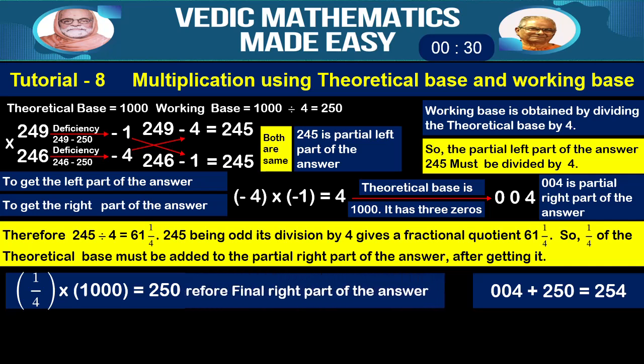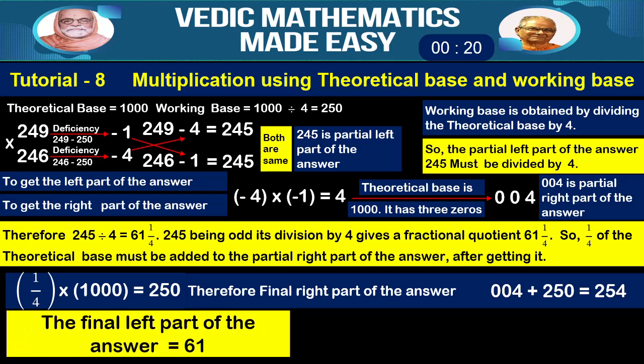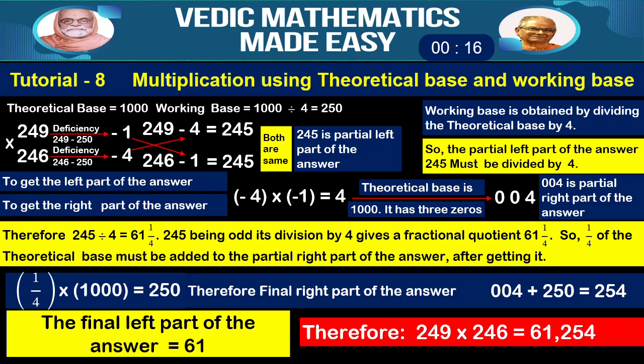This is the final right part of the answer, and 61 is the final left part of the answer. Therefore, 249 into 246 is equal to 61,254.